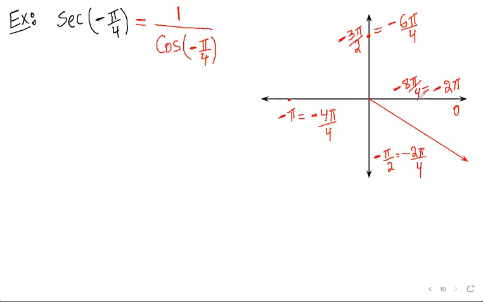So this is my angle here, theta equal negative pi over 4. So I need two things. Again, the sign and the reference angle.